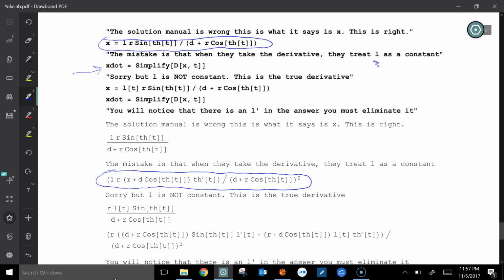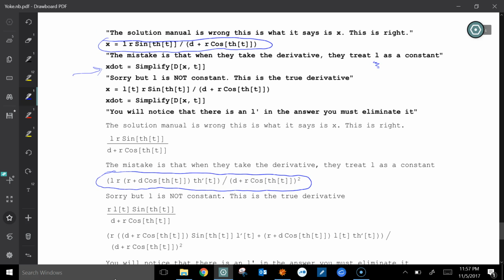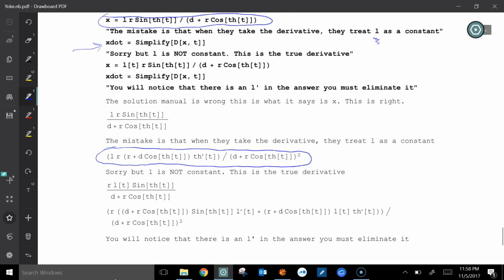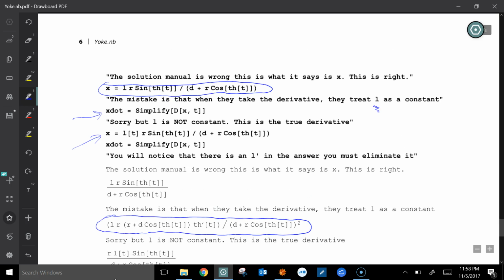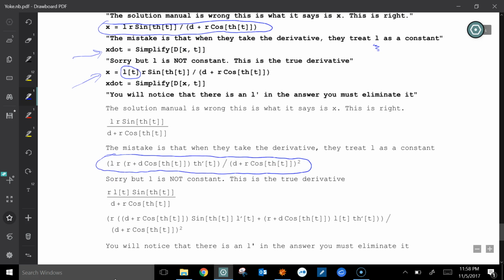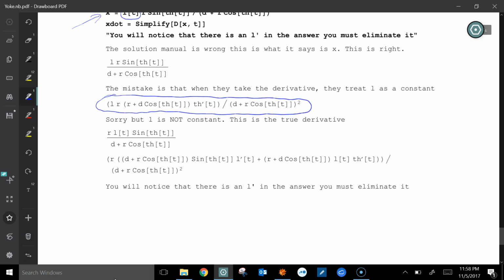The problem is that L is not a constant. L is a variable. If you look at it real close, L changes. So the true derivative would be this. All I've done is modify the L, and I've told Mathematica that L is a variable, along with the theta. Then when you take a derivative, you end up with this.